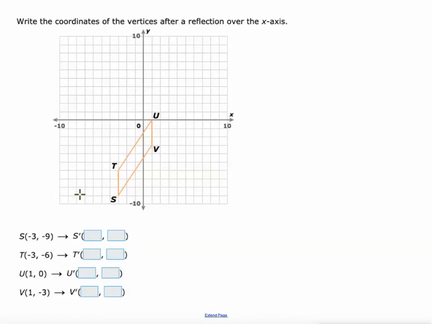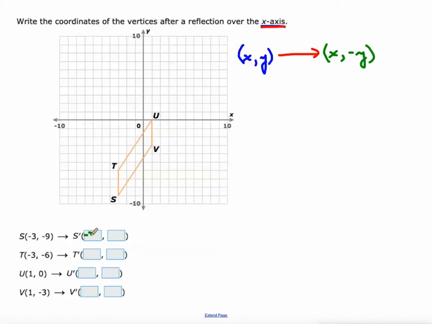One more, we're going to do another reflection over the x-axis. I picked this one because some of it's to the left of the y-axis, some of it's to the right. All right, so what's our rule for reflecting over the x-axis? Any point in the form x, y, the x value actually stays the same, and it's the y value that becomes opposite.